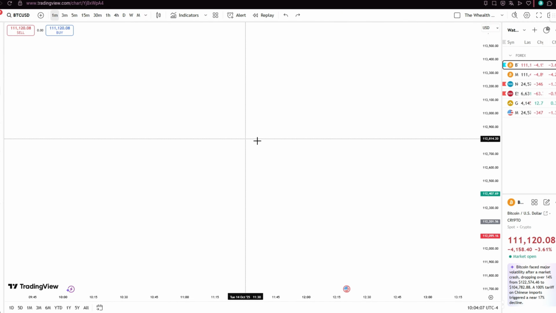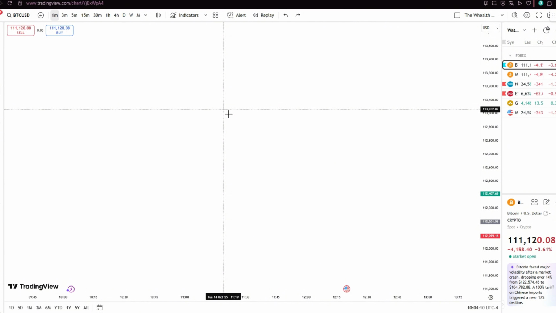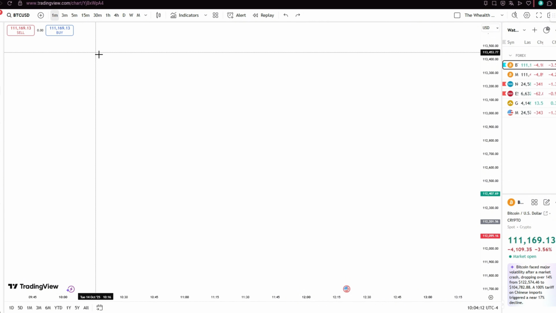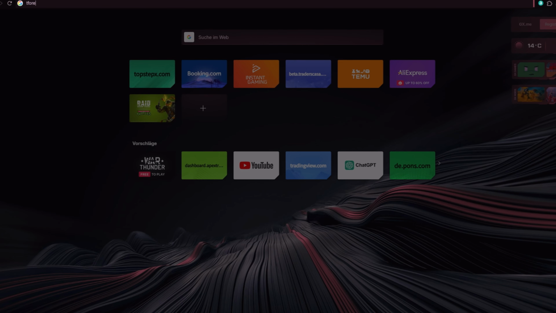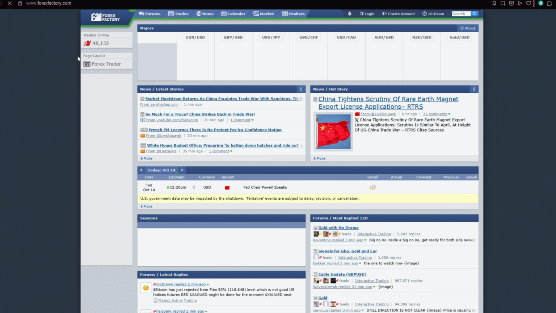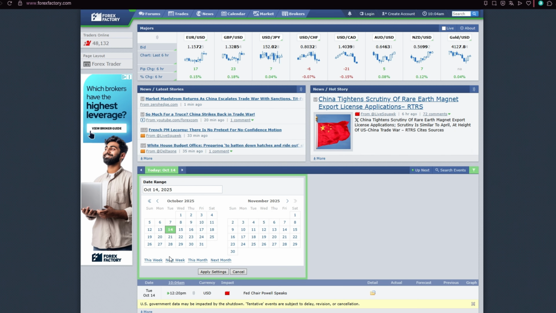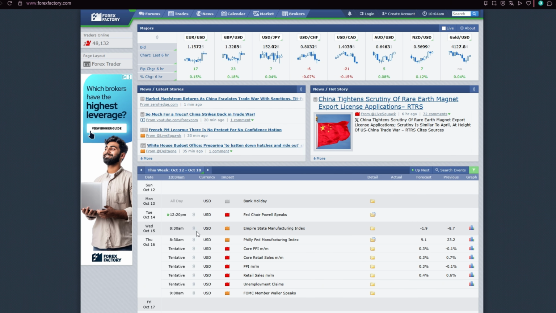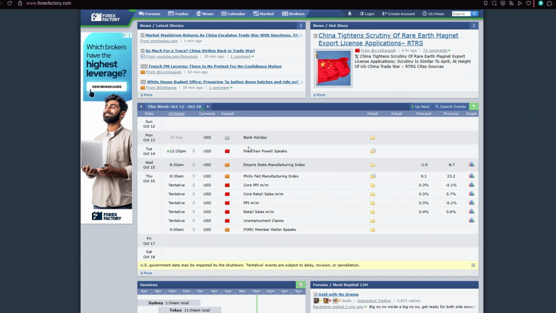Alright, the next A plus liquidity pool, I call it, we often see on Forex Factory. I sent it in the Discord under announcements. We see these extremely red folder news: Powell speaking, PPI, retail sales, unemployment claims. Those are okay.